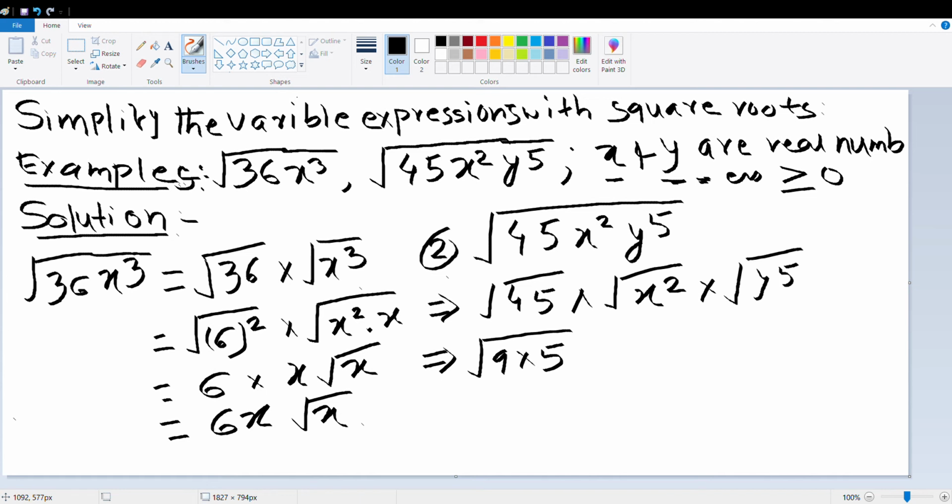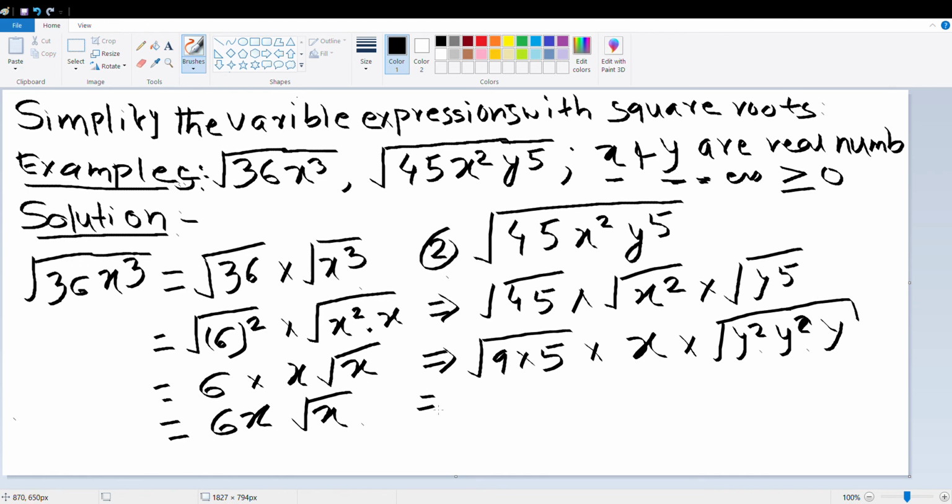So we take it as the square root of 9 times 5, and then we already know the square root of x squared is x, because we assumed x and y are real numbers. Then we can directly write x. And the square root of y to the fifth, we can write as y squared times y squared times y.